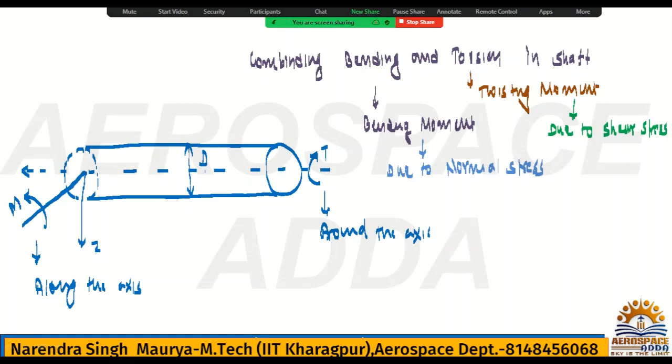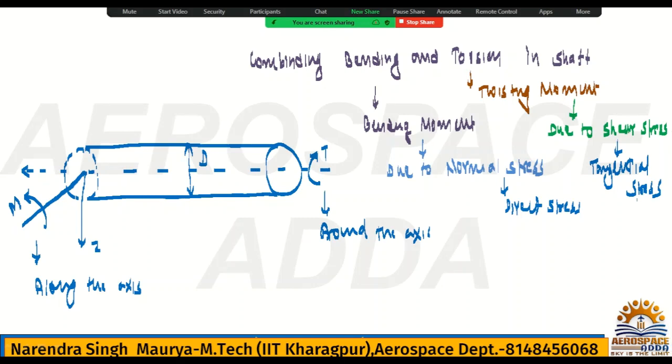Now if we write the first, bending stress, also called direct stress, because we are considering bending moment, definitely normal stress will come. This normal stress is also called direct stress. You might have heard about this direct stress, and shear stress is sometimes also called tangential stress. So these terminologies are important.